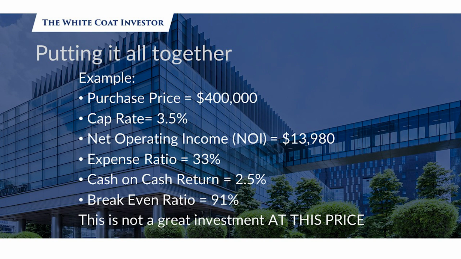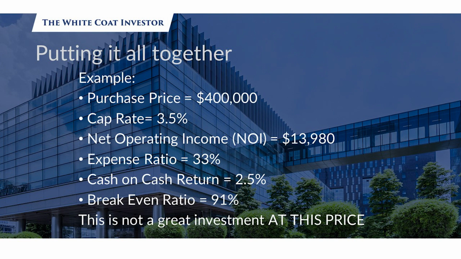What's the cash-on-cash return? About 2.5%, which I'll tell you, not a lot of people are going to get super excited about that. What's the break-even ratio? On this property, it's 91%. So the debt service is only $12,000 a year on a mortgage of $320,000. That suggests a loan interest rate of only 0.78%. If this mortgage were actually 6%, your debt service would be $23,247, and your cash flow would be quite negative.